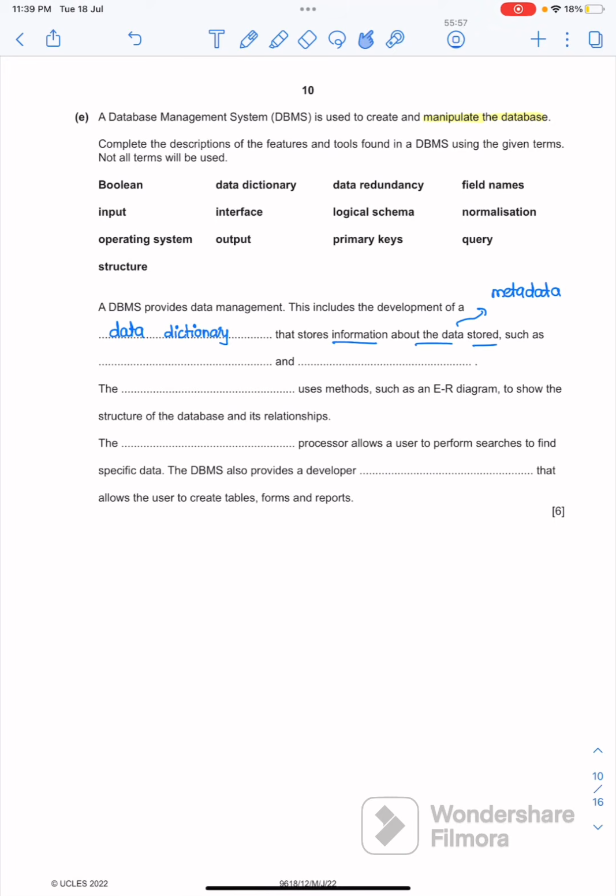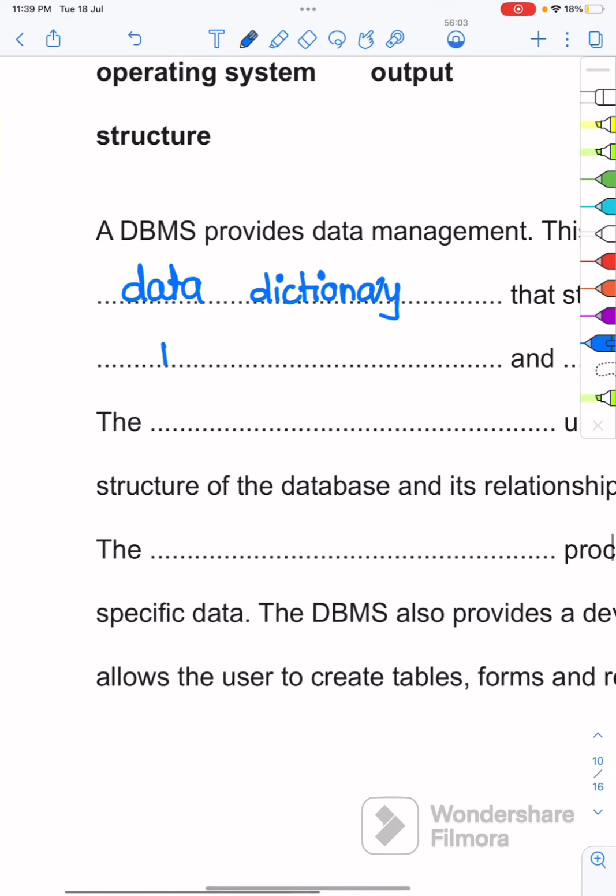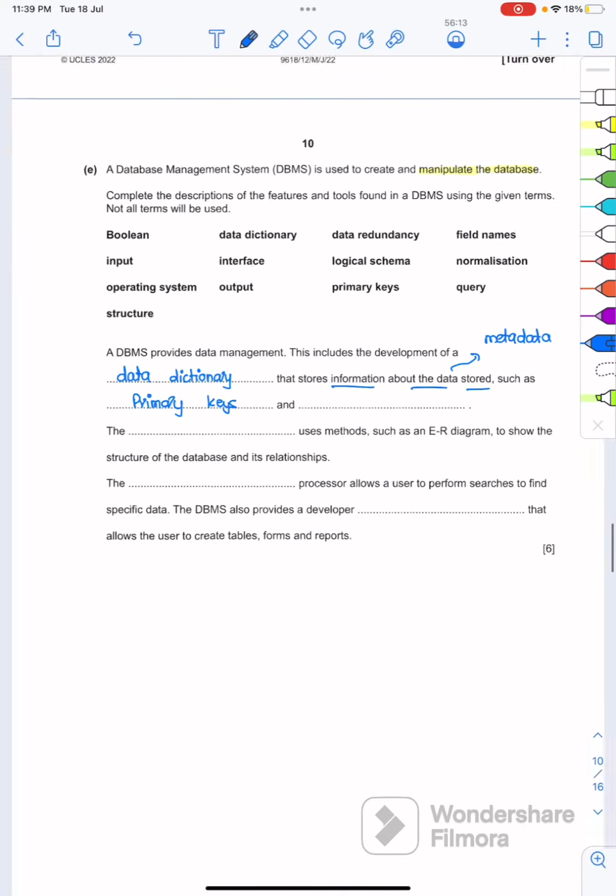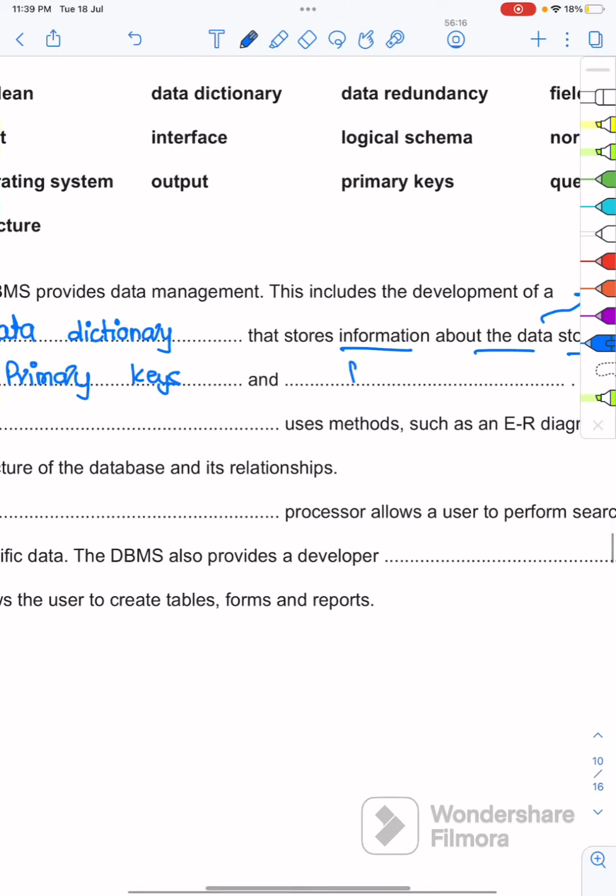So primary keys, field names, that's what we're going to mention.